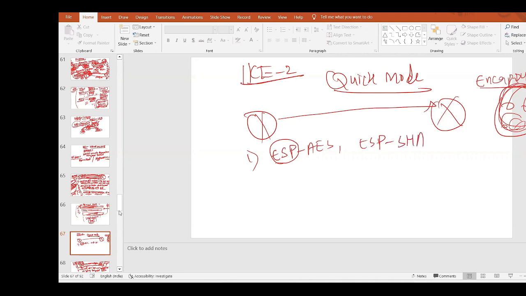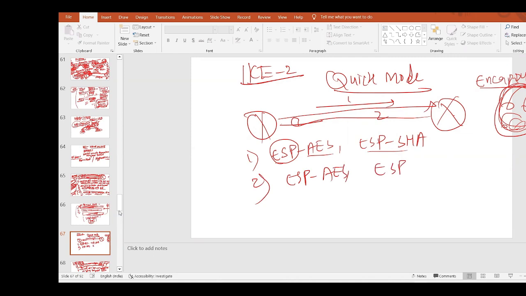encapsulation? So the first packet is from the initiator to the responder, and the second packet is from the responder to the initiator. This also provides which encapsulation method they are going to use for encryption, and which they are going to use for hashing.